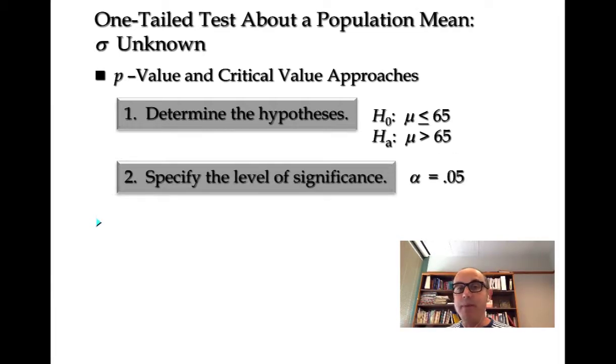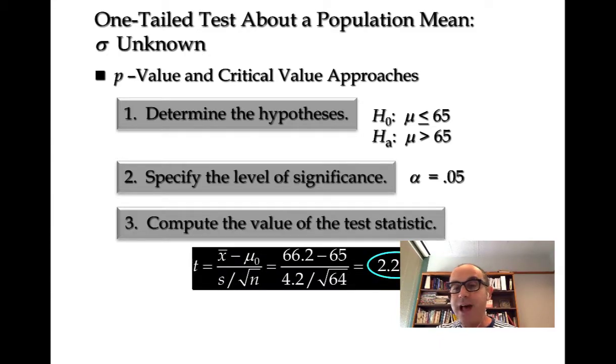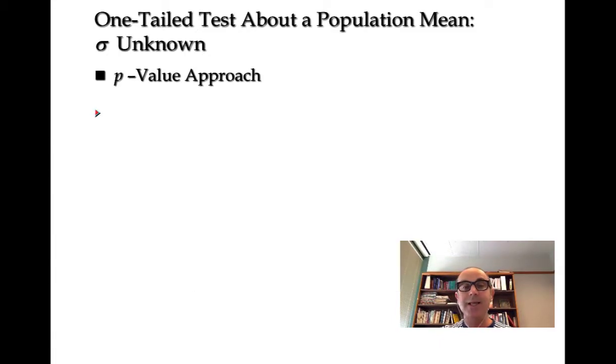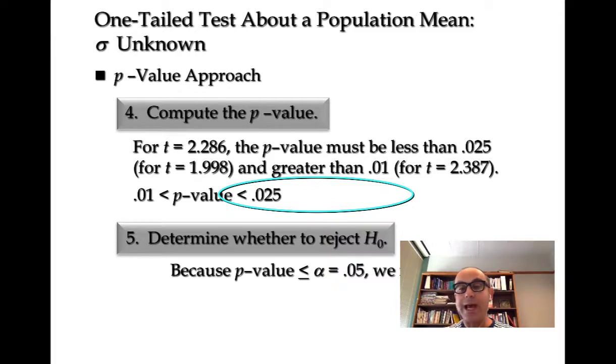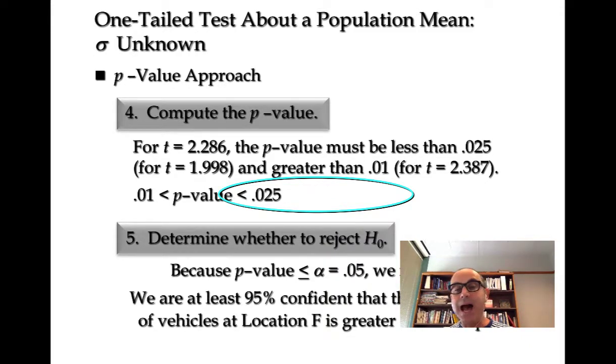So again, the p-value and the critical value approach: determine the hypotheses, specify the level of significance, compute the value of the test statistic, compute the p-value, and determine whether to reject or accept the null hypothesis and how it comes about. When we have 0.05, it is 95% confidence that the mean speed, in this case, in the example I gave you from my own case, is faster.